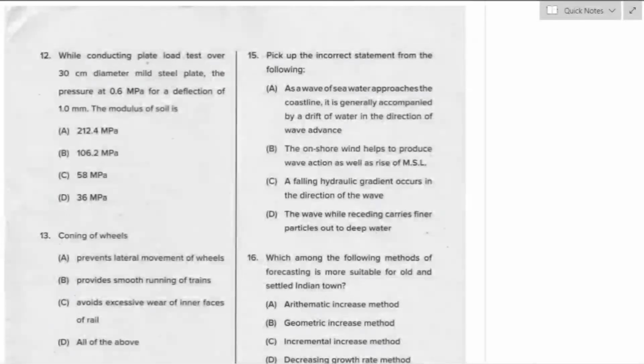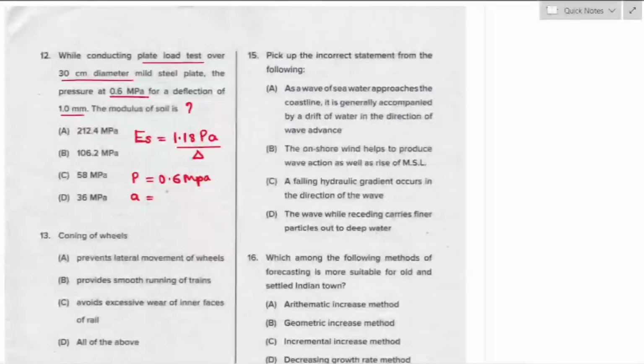Question number 12. While conducting a plate load test over a 30 cm diameter mild steel plate, the pressure at 0.6 MPa for a deflection of 1 mm, the modulus of soil is. The modulus of soil is calculated by the formula 1.18 into P into A divided by delta, where P is the pressure, that is 0.6 MPa.